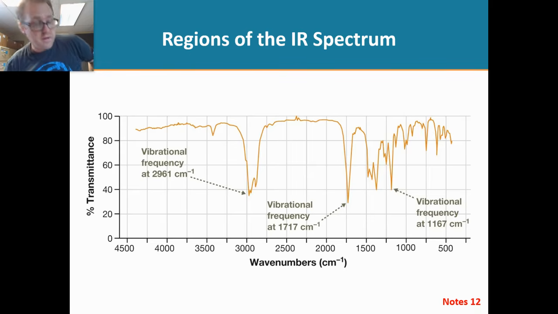So let's find ourselves the fingerprint region. The fingerprint region is about 1400 wave number all the way down to 500. So that region right here is called the fingerprint region.